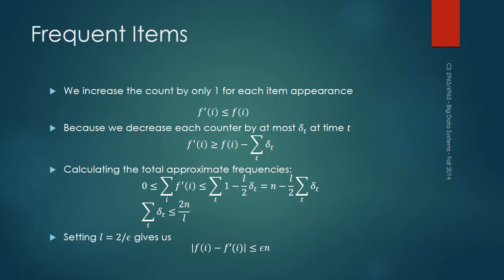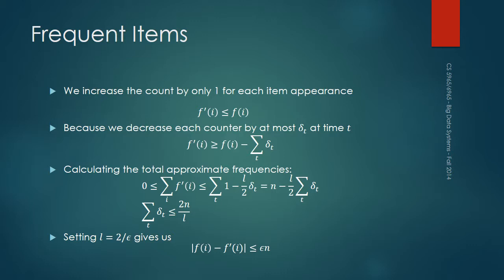Yes? I don't understand what you mean by error. This just allows us to give this bound. It's more of a reworking of this: I have 2n over L, and let me write it as some error, some percentage of n.